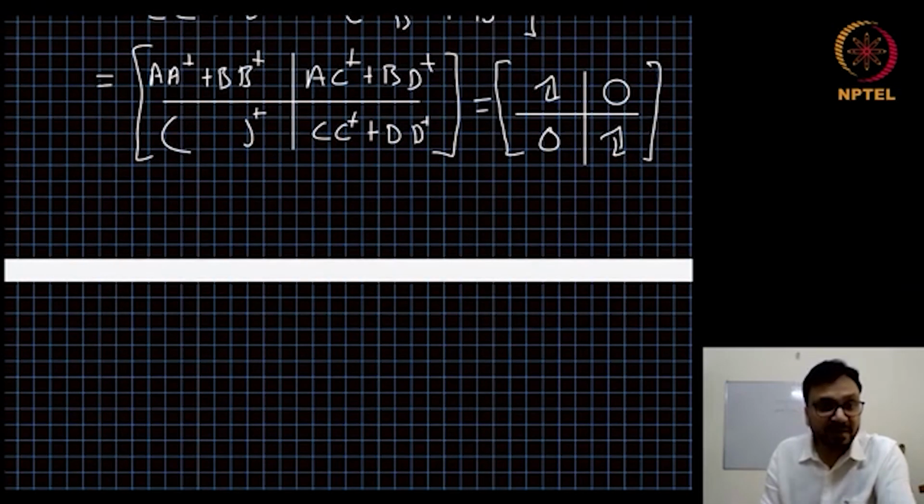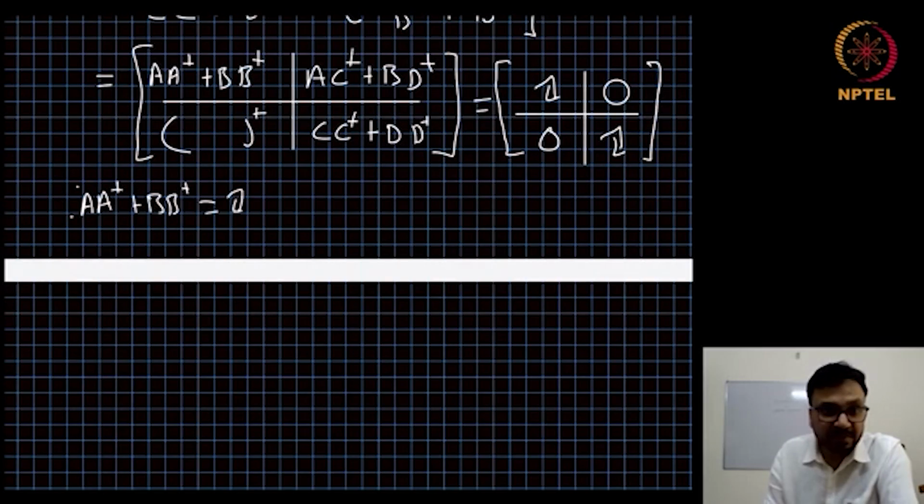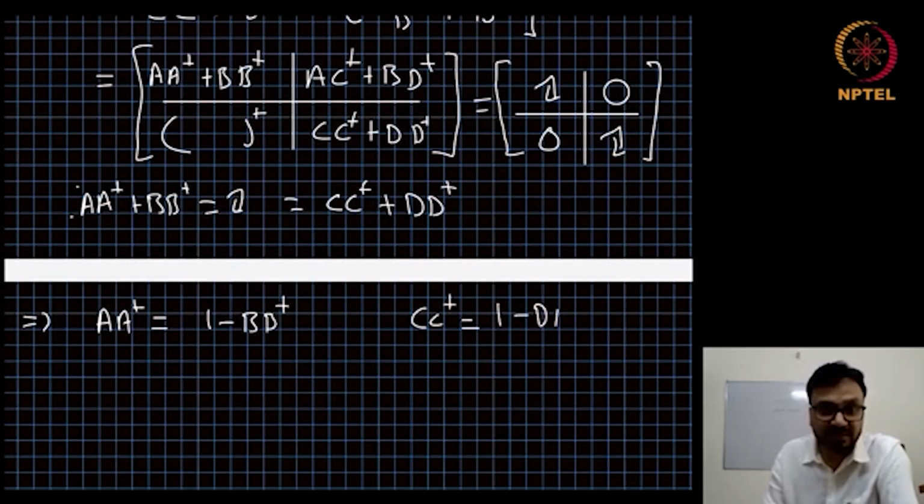So from here we get information that A A dagger plus B B dagger must be identity, and the same for C C dagger plus D D dagger. This implies that A A dagger equals 1 minus B B dagger, and C C dagger equals 1 minus D D dagger.